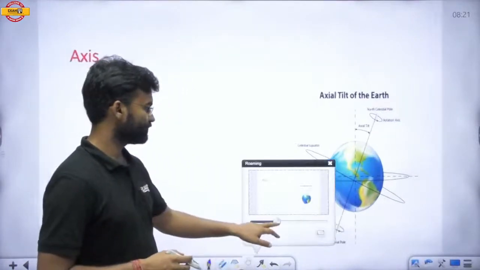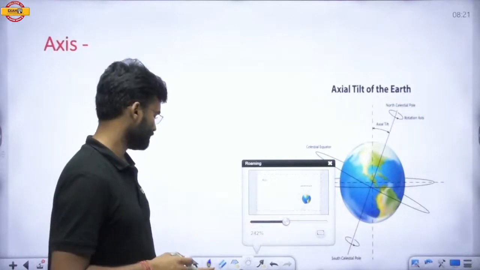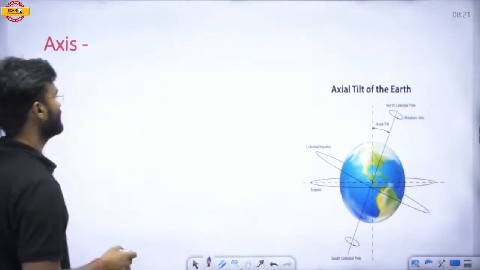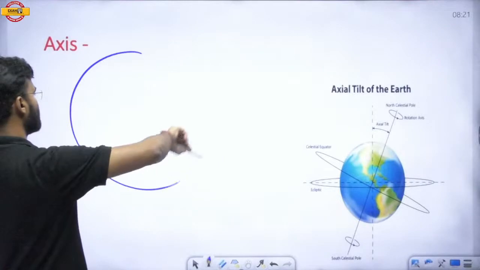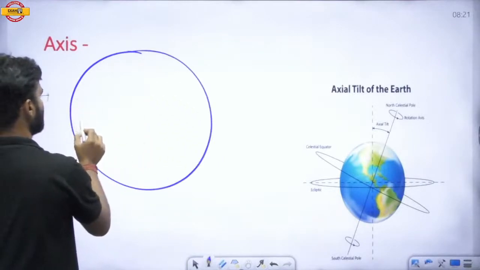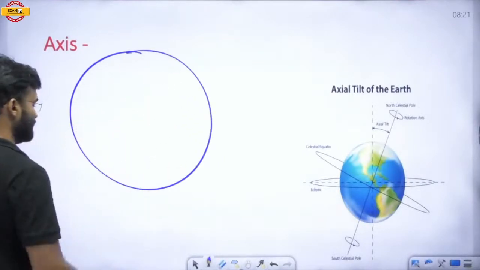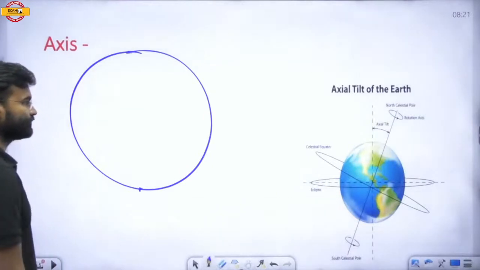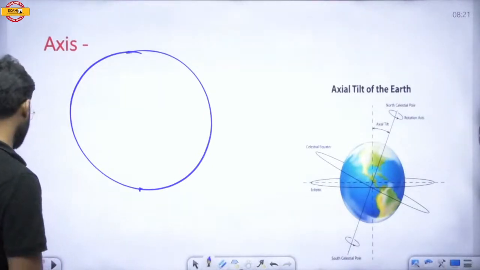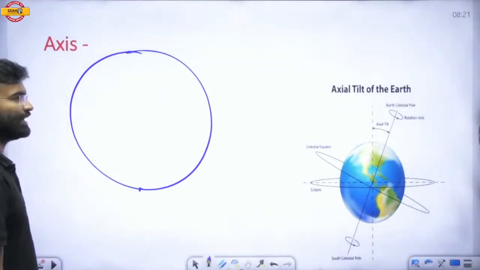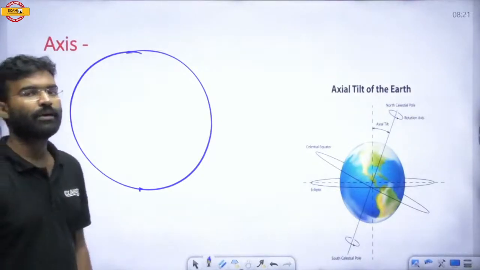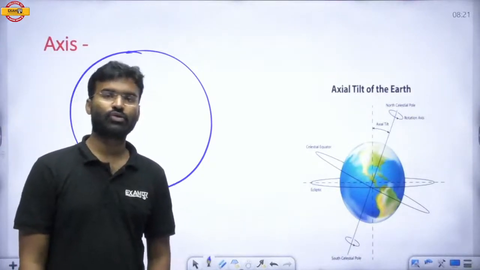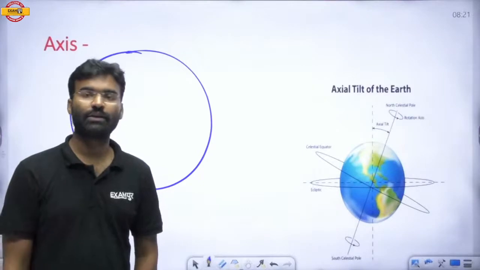Now, if we look here, we find out that the shape of Earth is not like a plate. So what is the shape of the Earth?